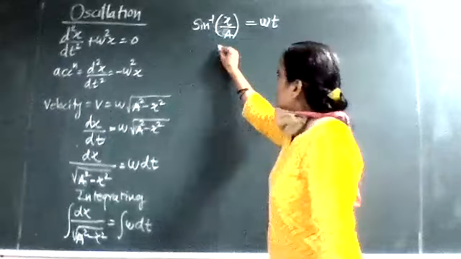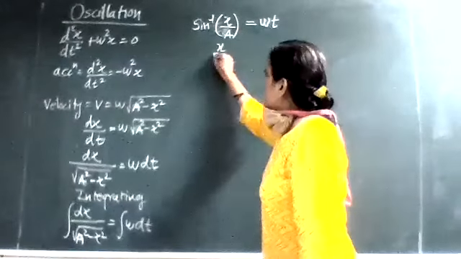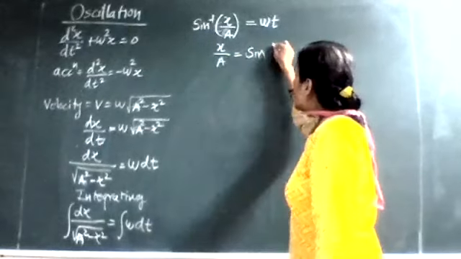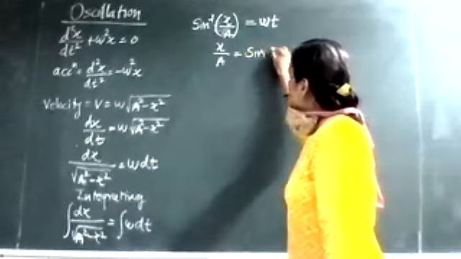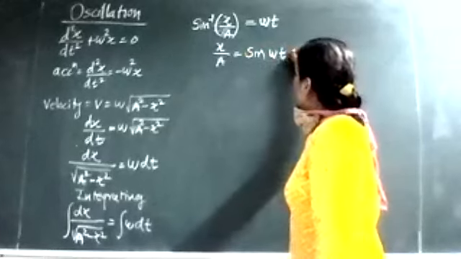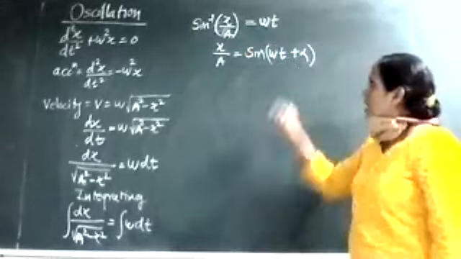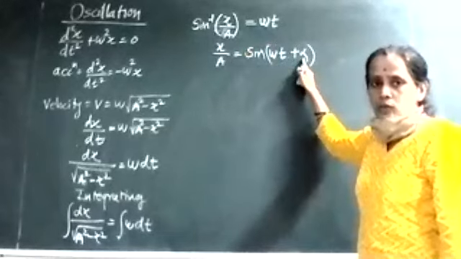So now I can write this arranged equation: x upon A is equal to sine of omega t plus alpha. This alpha is nothing but the integration term.